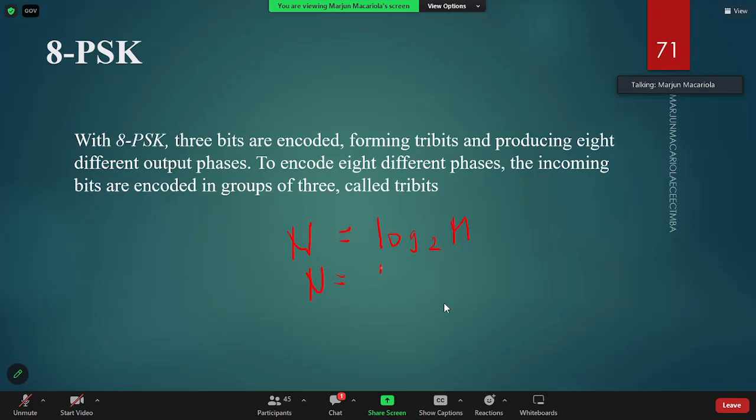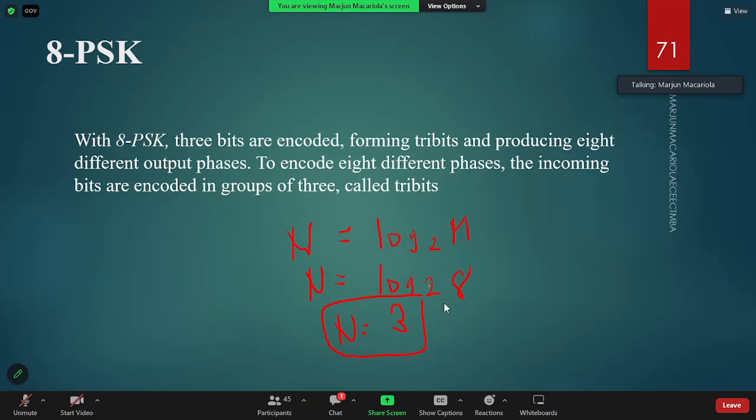How? M is the number of levels, conditions, or combinations, which in this case is 8. So N is equal to 3. Okay? So the number of bits necessary in 8 PSK is 3.